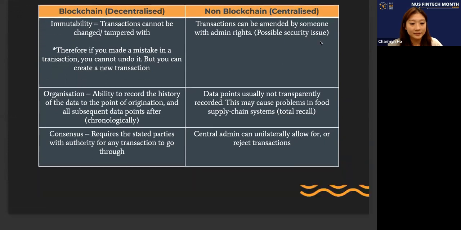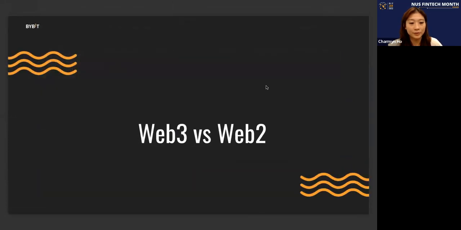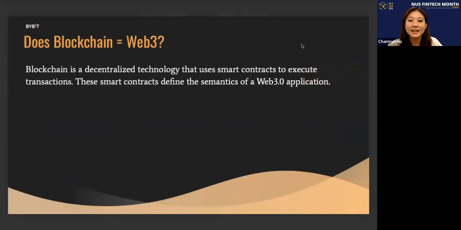Okay, next. So now we'll move into Web 3 versus Web 2. But I guess before we do that, next we can look at the next slide. We will ask the question, does blockchain equal Web 3? Well, the term Web 3 was actually coined by Polkadot founder and Ethereum co-founder Gavin Wood in 2014.